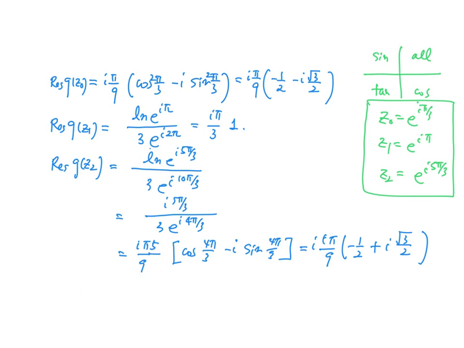So now let's add them together. So residue GZ0 plus residue GZ1 plus residue GZ2. You just need to add them together. You just need some patience. So it's okay. Let's use pi over 9 as a common factor. I pi over 9.